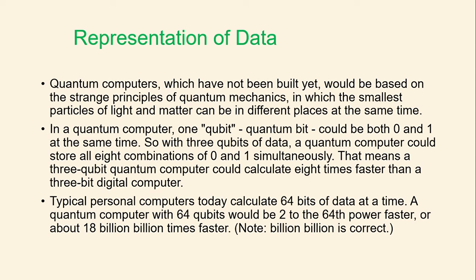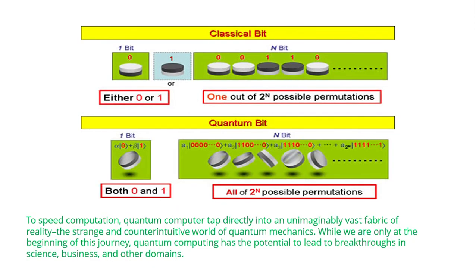This means a 3-qubit quantum computer could calculate 8 times faster than a 3-bit digital computer. A typical personal computer today calculates 64 bits of data at a time. A quantum computer with 64 qubits would be 2 to the power 64 times faster, or about 18 billion billion times faster. Here billion is very correct.